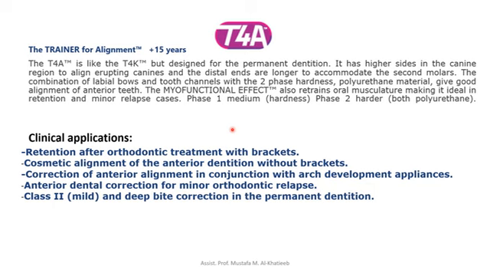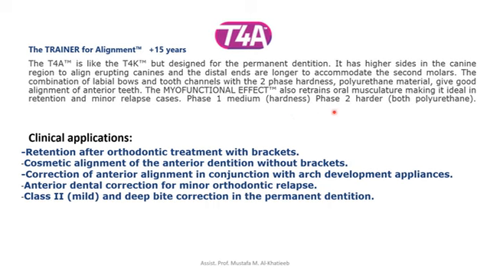The combination of labial bows and tooth channels with two phases of hardness. Polyurethane material gives good alignment of anterior teeth. The myofunctional effect also retrains oral musculature, making it ideal for retention and relapse cases.